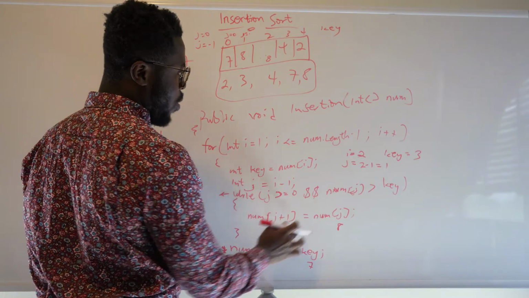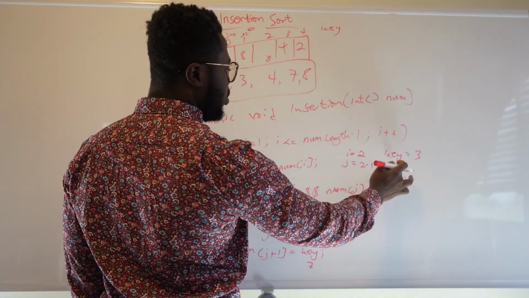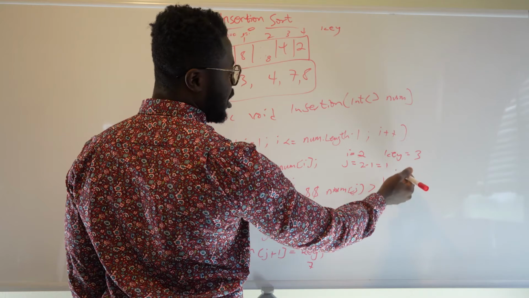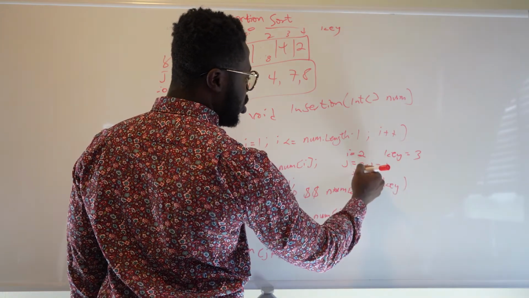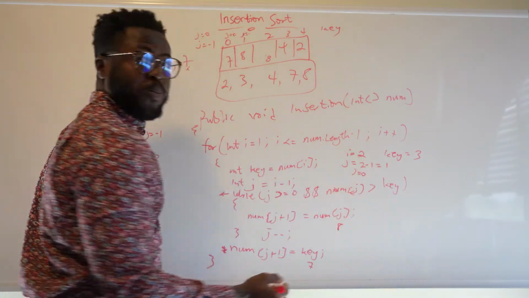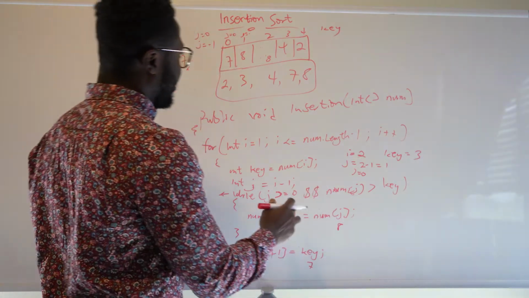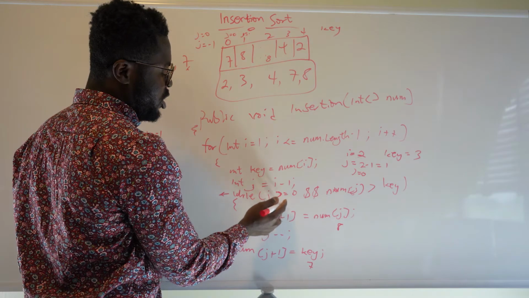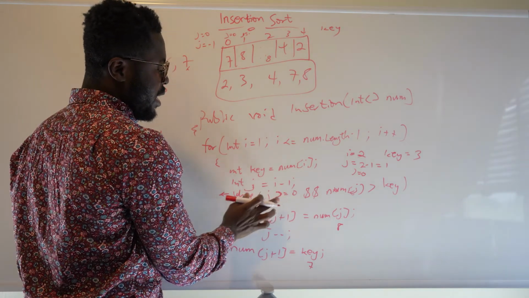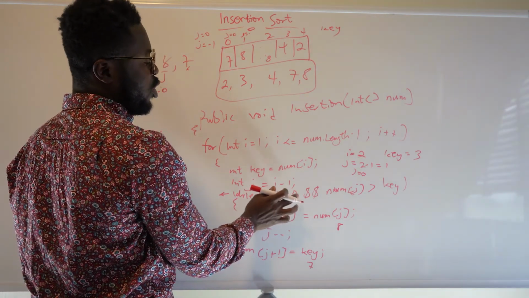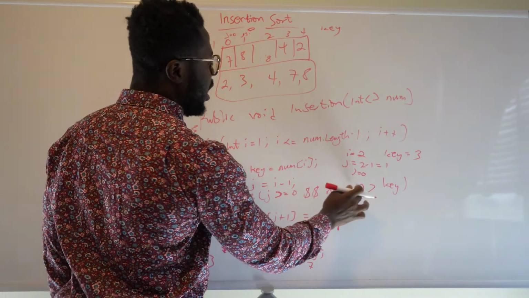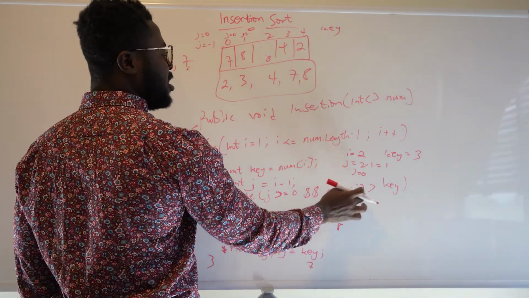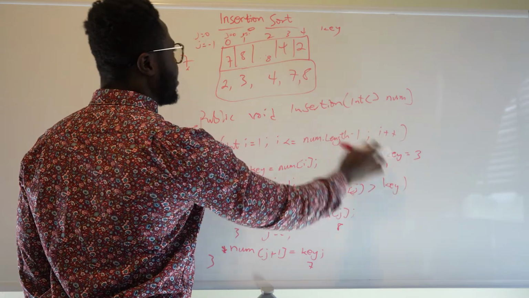Then we reduce j by 1. It was already 1, so reducing it by 1, it is going to be equal to 0. So j is equal to 0 now. Then we go to the while statement and check is j greater than or equal to 0. Yes, it's equal to 0. Is num at j greater than key? Yes.